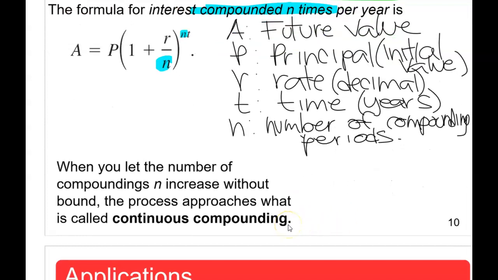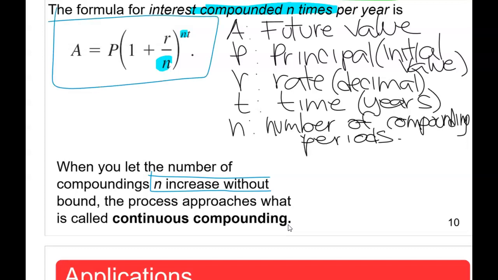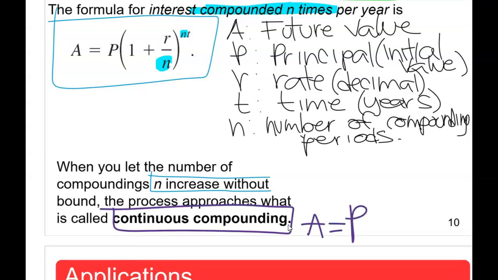And of course, as N increases without bound, as it increases to infinity, like the table we saw before, where m was increasing to 10 million, then that formula turns into the other one, the one for continuous compounding, which is A equals P e to the power rt.